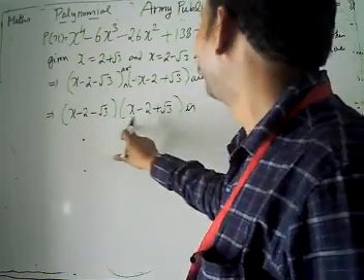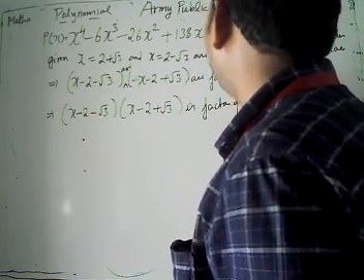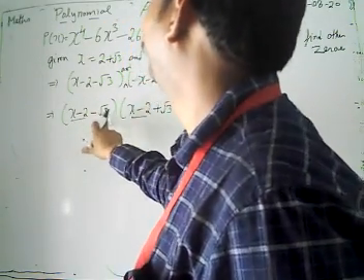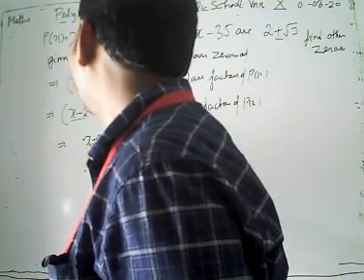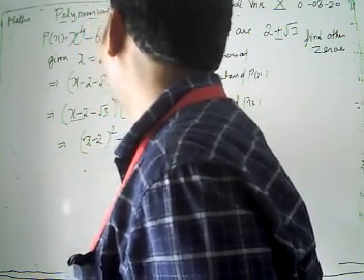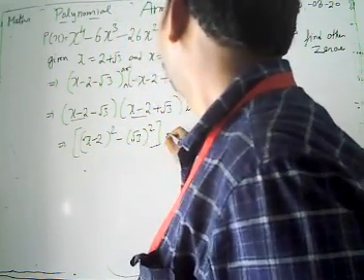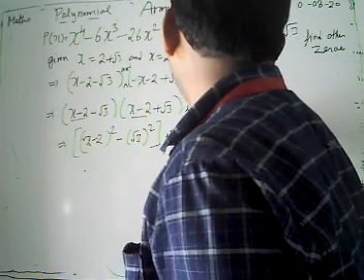Take the multiplication of these factors of p(x). Using a minus b, a plus b, this implies x minus 2 whole square minus root 3 whole square is a factor of p(x).